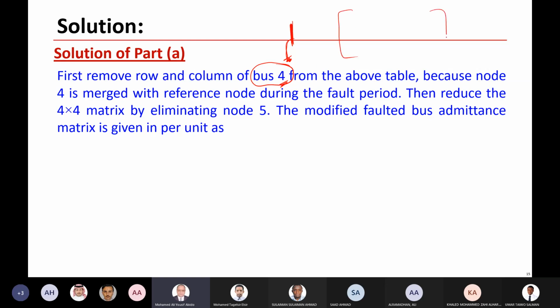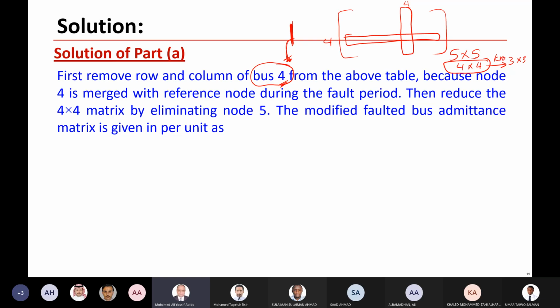Y bus is 5 by 5, and you have the fault at bus number 4. So you remove bus number 4 completely, and then after removing this bus, you have a 4 by 4 matrix, and this 4 by 4 matrix will be reduced to a 3 by 3 matrix by Kron reduction.